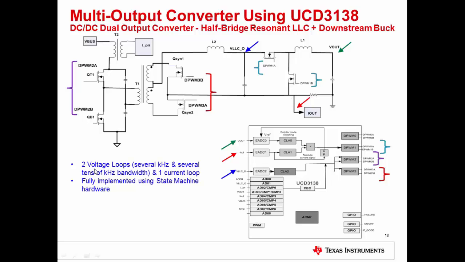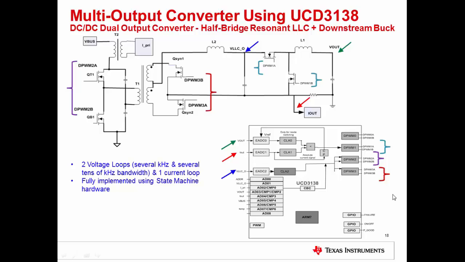So in this example, two voltage loops, possibly several kilohertz and tens of kilohertz bandwidth, and one current loop can all be implemented using the state machine hardware of the UCD3138 device. This is really an example where the availability of hardware to support multiple loops allows a single digital power controller to manage the entire power supply.